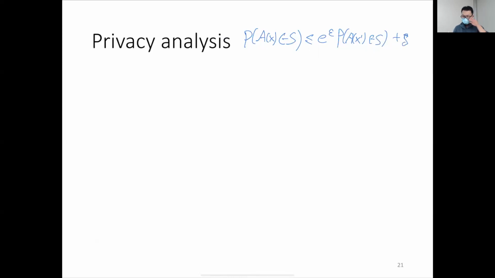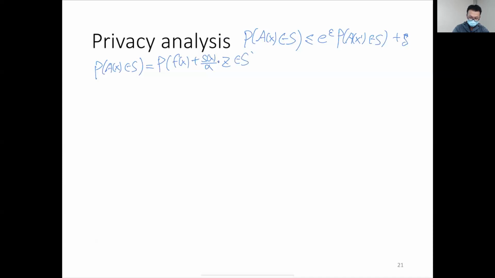Okay. So let's see. We'll start from the left hand side. We'll start with A(X) in S, and let's substitute what A(X) looks like. So this will be just f of x, this is our query, plus the smooth sensitivity over alpha multiplied with this noise random variable z, right?